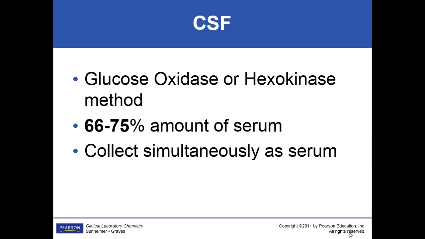Well, they're not going to stick my arm if they're doing a spinal tap on me, so they're probably going to collect the blood and then do the spinal tap, or as soon as you get back to your room. Although having a spinal tap is very traumatic, and that could shoot it up, so it would be best to have it right before you go. And then you should look at the two. So if you had a 100 blood, you would expect what in your spinal fluid? 65 milligrams per deciliter. Okay, 2/3.